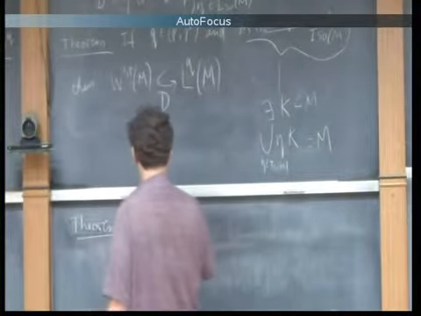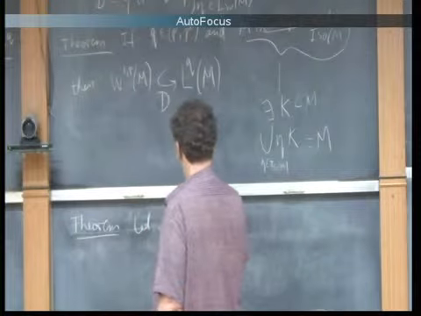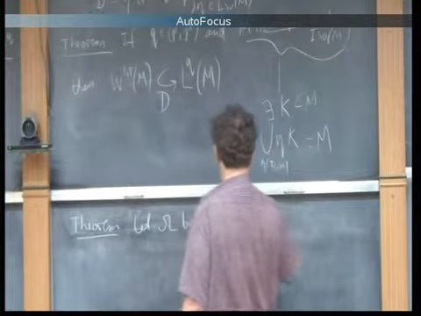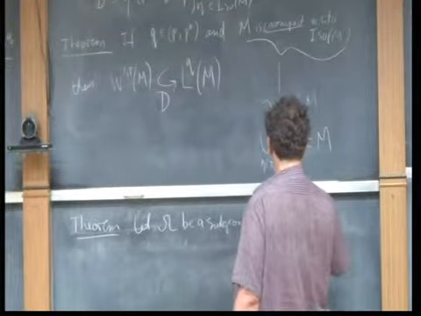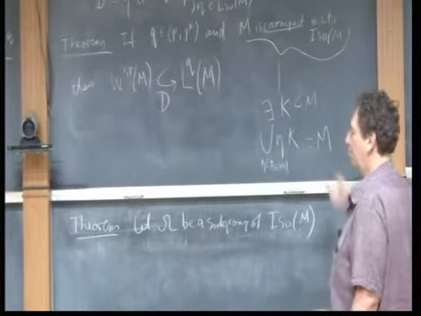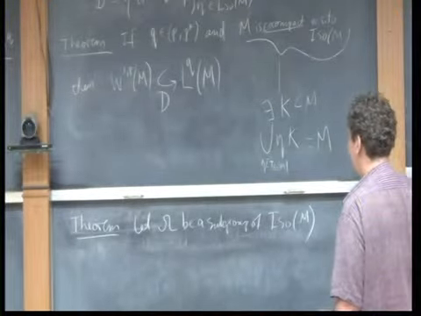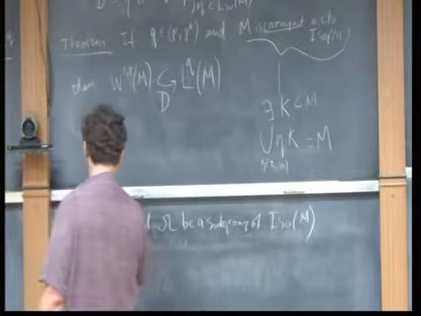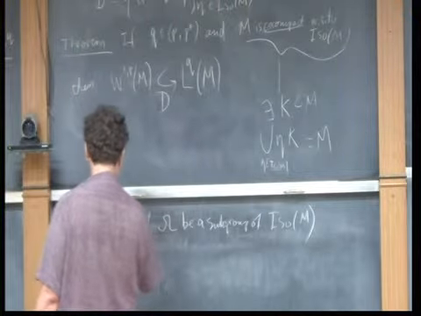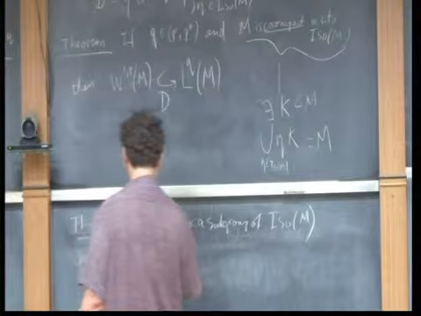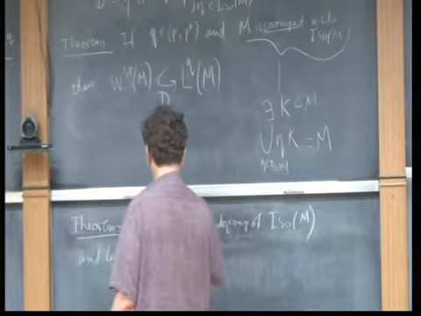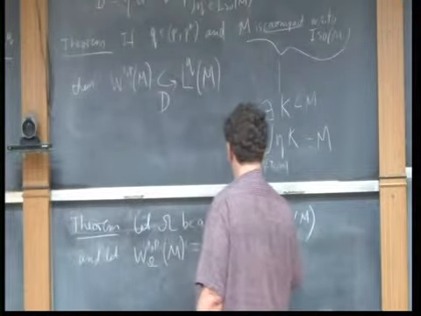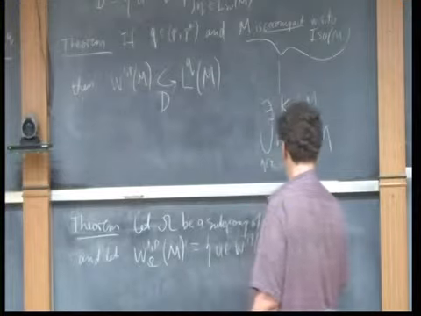So let omega be a subgroup of isometries. And so I think about a group of orthogonal rotations in R^n as an example. And let W^{1,p}_omega(M) be the set of u in W^{1,p}(M) such that u composed with omega equals u.